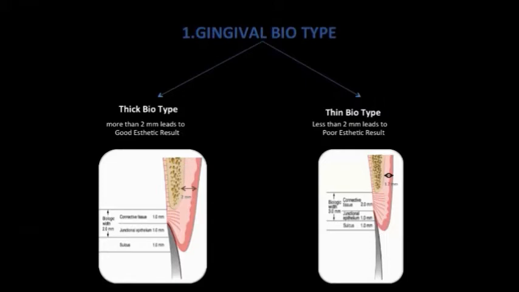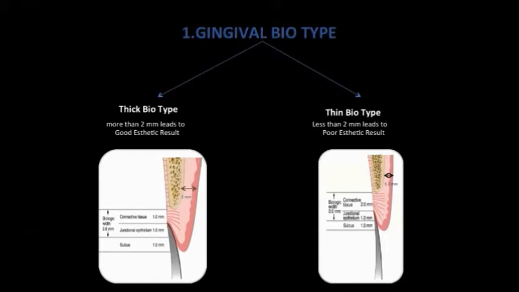So it's been proven that when you have a thick biotype, this means that we have a thickness of 2 millimeters or more in the mucosa on the buccal side of our ridge. When we have this kind of mucosa on the buccal side of our ridge, which is 2 millimeters thickness or more, this will lead us to a good final aesthetic result.